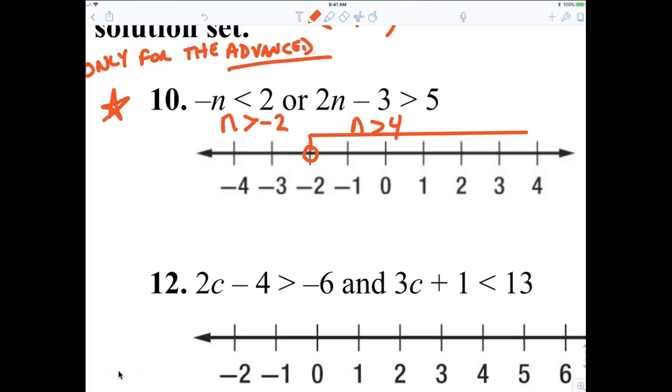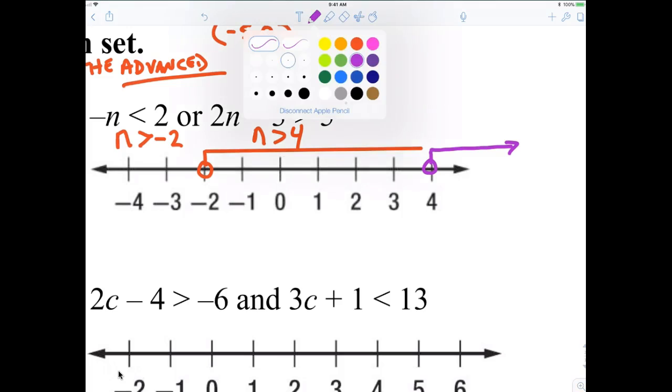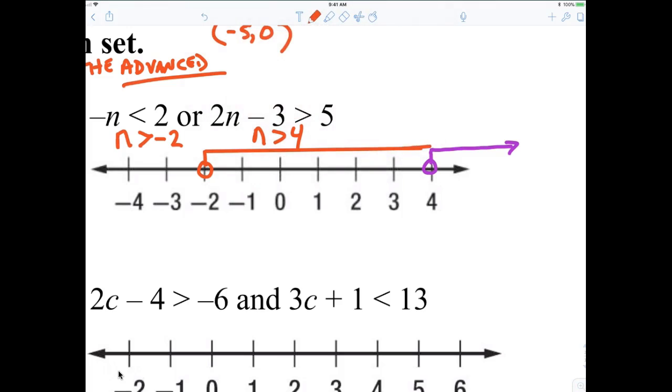Then I'm going to do an open circle at 4, and I'm going to go to the right. Now, I'm going to go back and place this here because I'm trying to show you that they overlap. Does everybody agree with that?